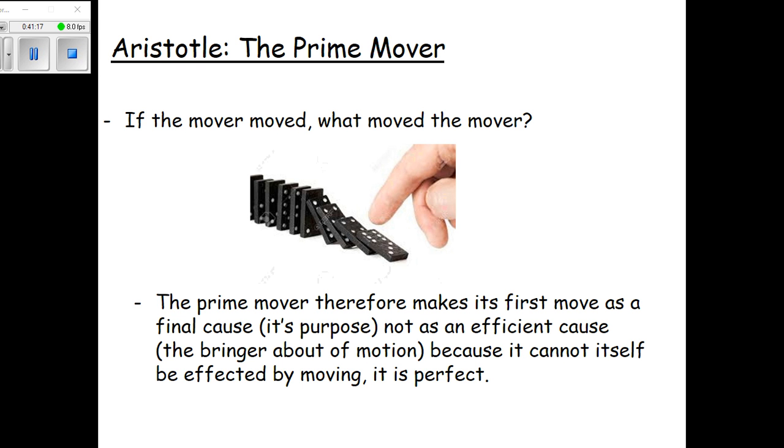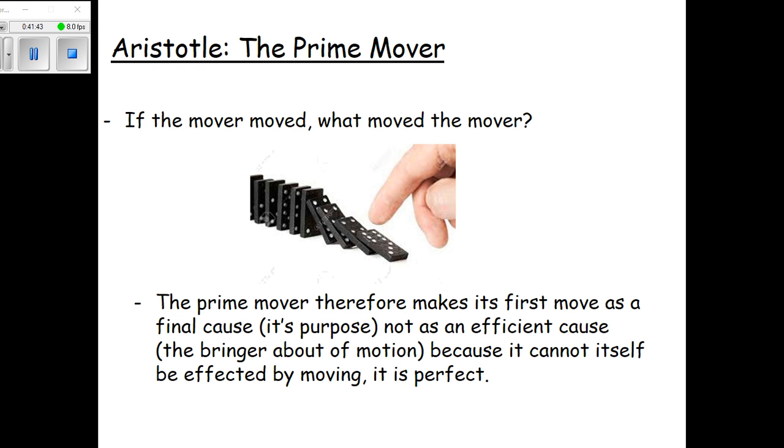For example, reproduction, or hammering nails into a table. Those efficient causes require motion. The prime mover can't move, because if the prime mover moves, we've got to ask, well, what moved the prime mover? So the prime mover makes the world, or makes the first movement, without moving itself.